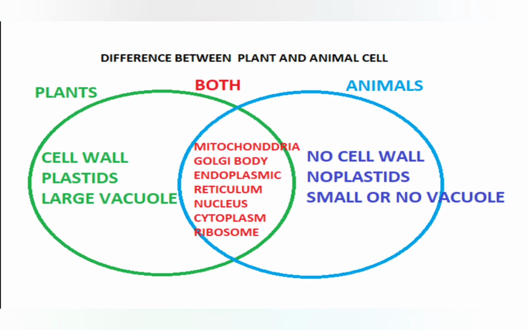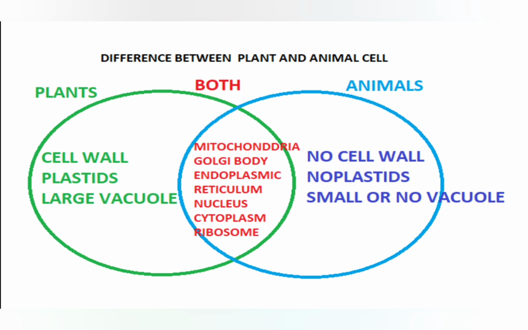So now we will see what cell organelles are common in plants and animals, and how the plant cell is different from the animal cell. See children, in the plant and in the animal cell, the cell organelles that are common, that means both plants and animals have, are mitochondria, Golgi body, endoplasmic reticulum, nucleus, cytoplasm and ribosome.